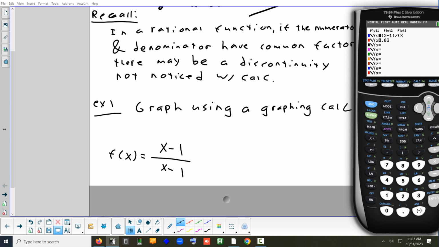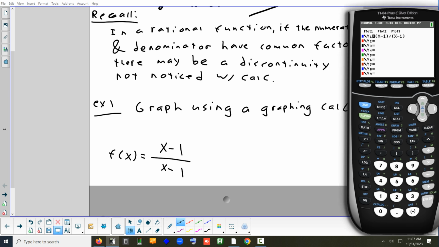First, is there a value that you cannot use for x? 1. Can't use it. Is it going to be a vertical asymptote at 1? Or is it going to be a hole at 1? It's going to be a hole. So that means when you graph it, are you going to see it? No. It's going to go right through the number, oops, let me do zoom 6. It's going to go right through the number 1. Like there's no problem at all.